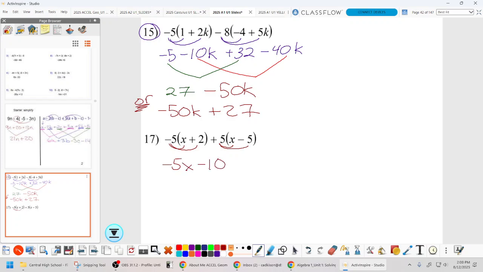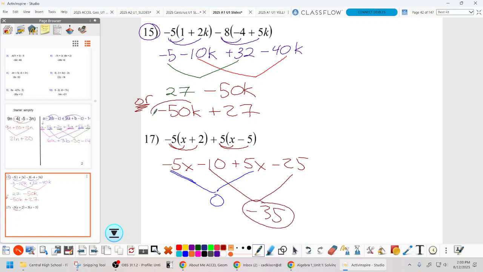So negative times positive, and then positive 5x minus 25. Okay, what's negative 5x plus 5x? 0. Yeah, that's 0. 0x, which is just 0. And then these two become negative 35. Let's circle both of these.